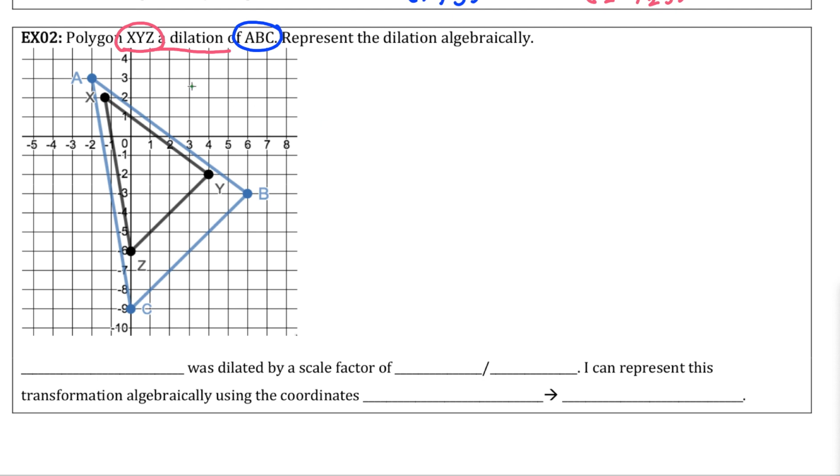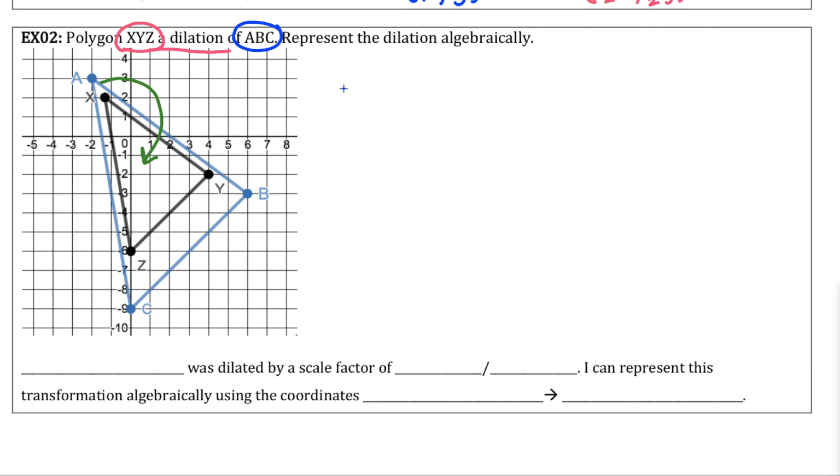ABCD was, okay, so it's going from outside to the smaller one. So let's write our points out.